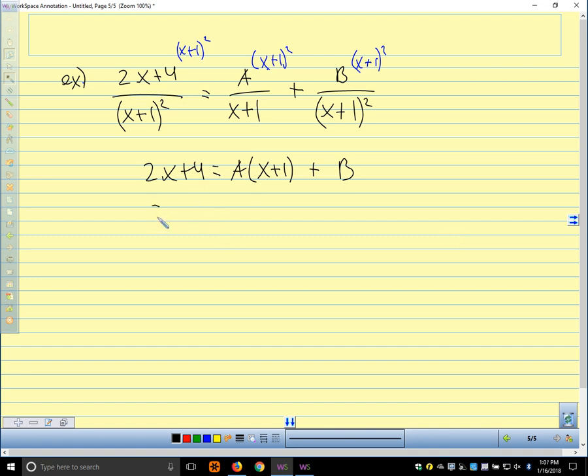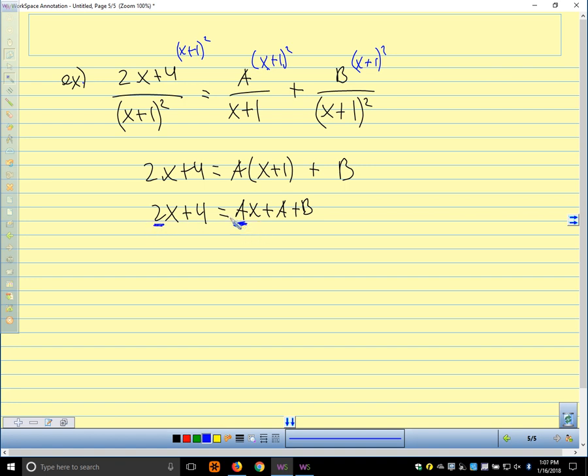Now I'm going to distribute. And I'm going to equate coefficients.